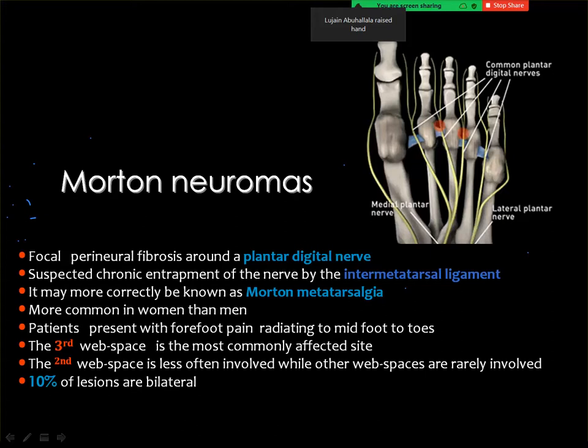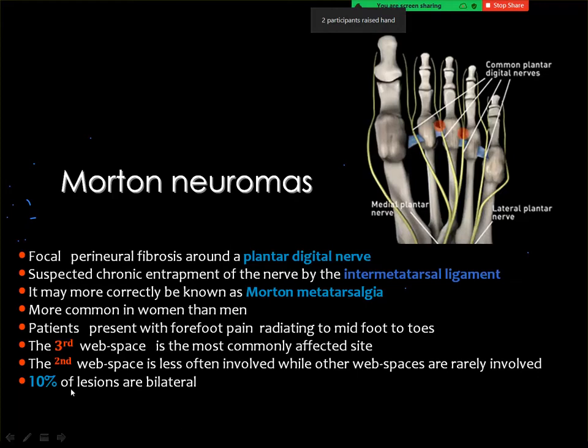And you know that this is not an actual neuroma, but it represents a granulation tissue or perineural fibrosis around the interdigital nerve, especially in the third space, and sometimes it can occur also in the second space.